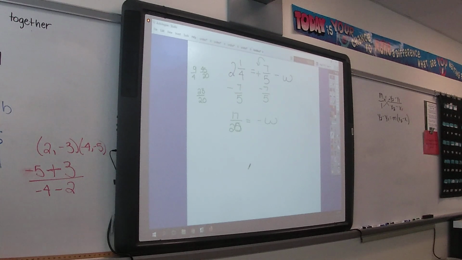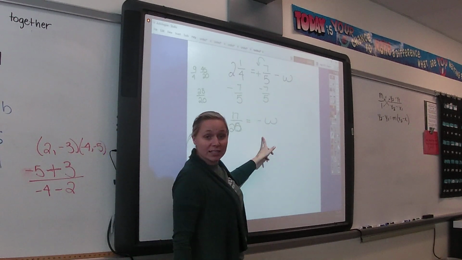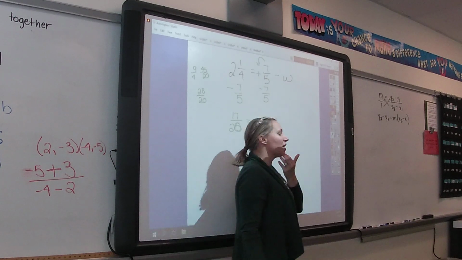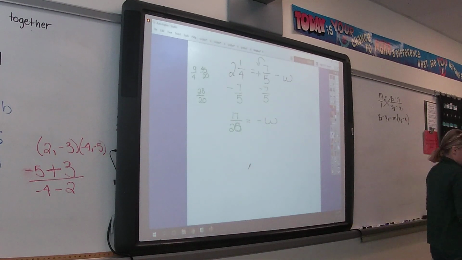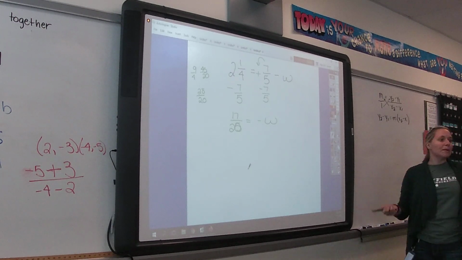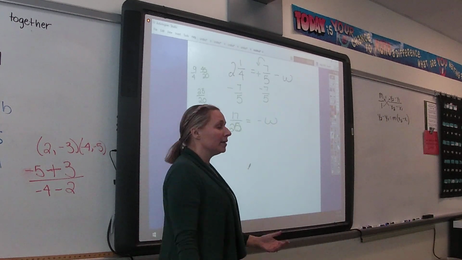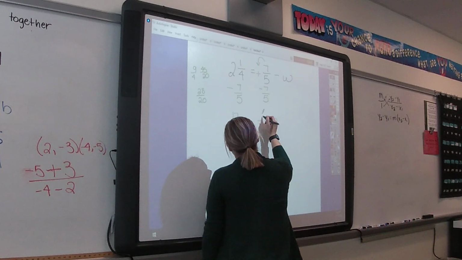We need to switch the sign because the negative is still part of this W. Now, this is where things start to open up, and I'm fine with any of them. Some of my students say, I've just been taught to change the sign of both of them. Fine. Some of my students say, I've been taught that there's a secret ninja 1 here.